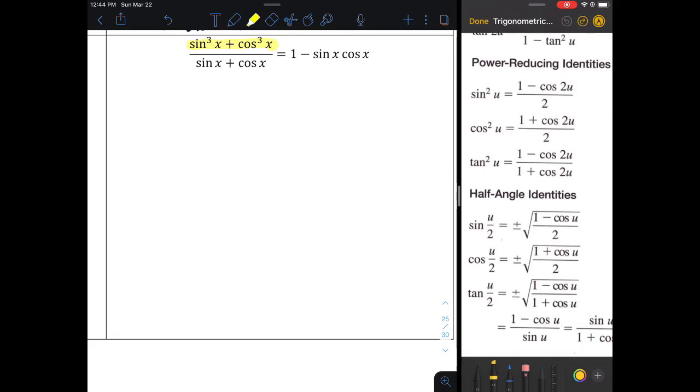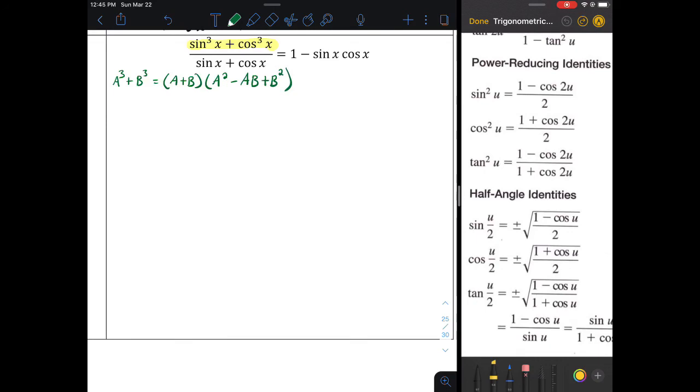Now, my power reducing identities are only in terms of sine squared and cosine squared. However, we can use sum of cubes here. Remember that the sum of cubes formula, a to the third plus b to the third, can be factored to a plus b times a squared minus ab plus b squared.